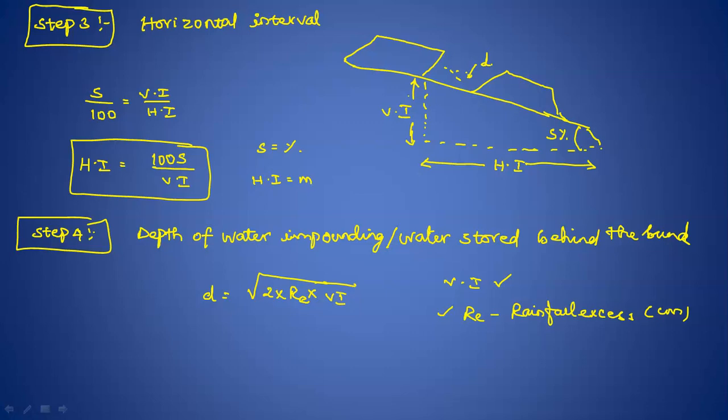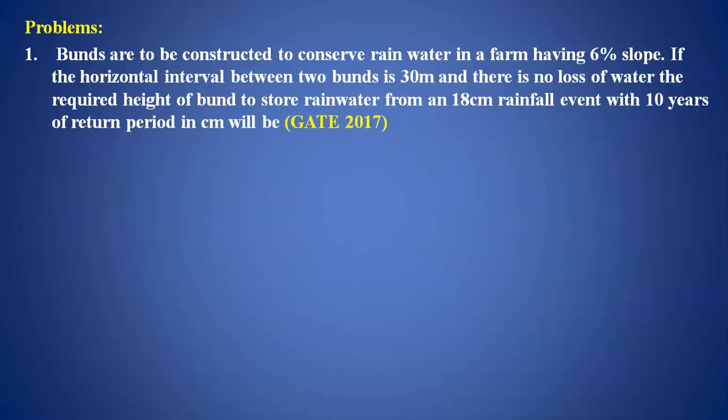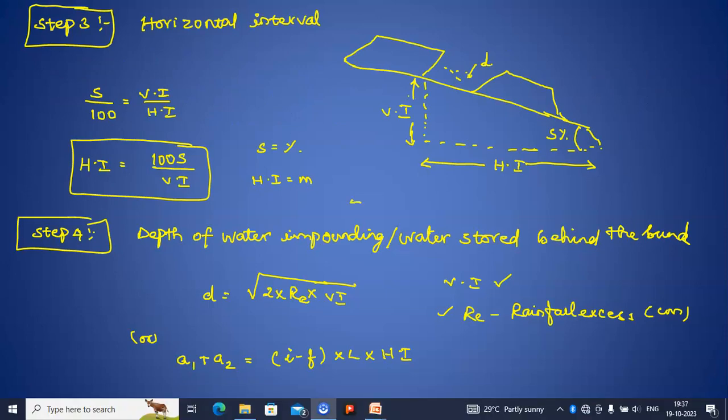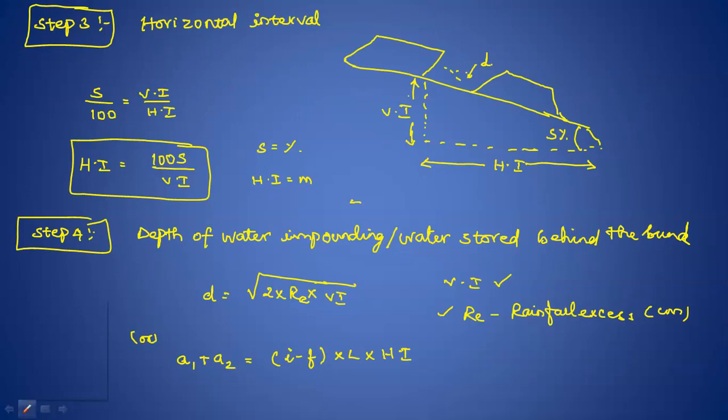Sometimes they give the area and ask to find the infiltration capacity. At that time we can use the formula A1 plus A2 is equal to I minus F into length L into HI. We want to find the volume of the storage.